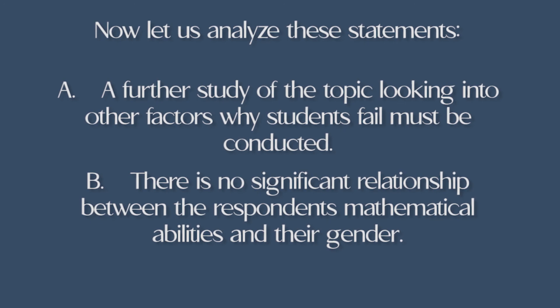Which one is a good recommendation and which one is an appropriate conclusion? Letter A is a recommendation which suggests another direction for a new study, while letter B is a conclusion that gives the result of the test of the hypothesis.